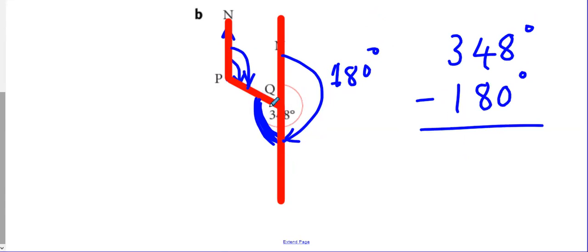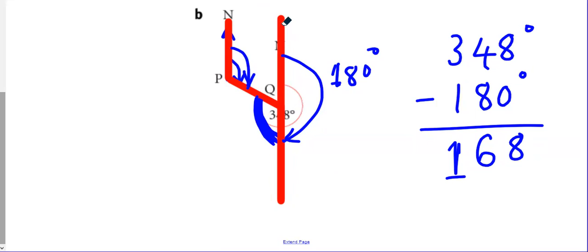The answer you get will be this portion here. So 14 minus 8 is 6, and 2 minus 1 will be 168. Okay?